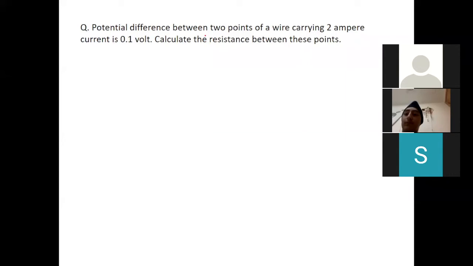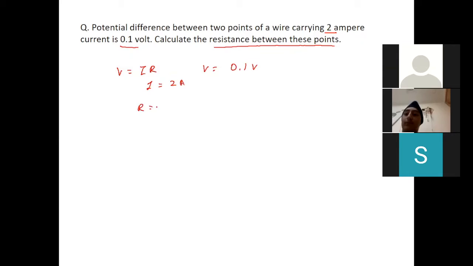Now the question is: the potential difference between two points of a wire carrying 2 ampere current is 0.1 volt. Calculate the resistance between these points. We know that V equal to IR, and V is 0.1 volt and I is 2 ampere.